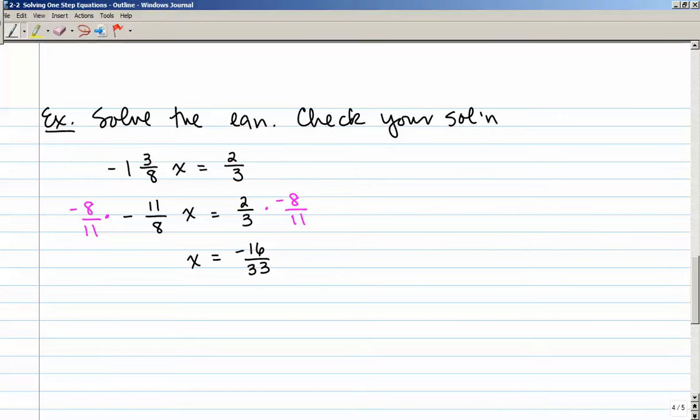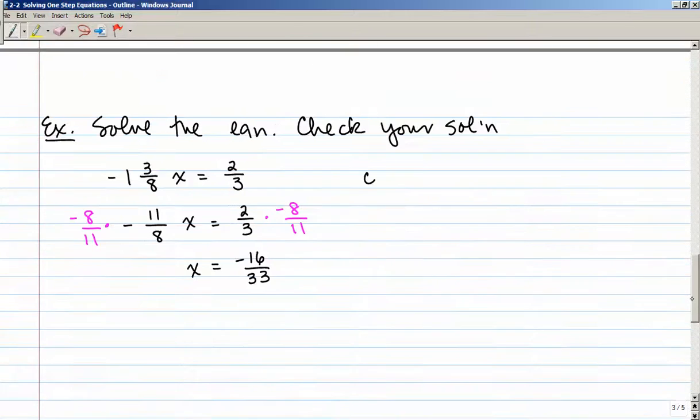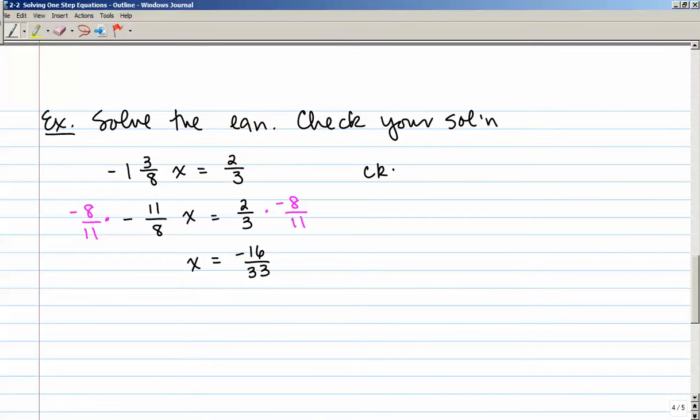Now let's check this. To check this, I think I'm going to use the form of the equation that had negative 1 3/8 as an improper fraction. So to check, is negative 11 over 8, substitute in negative 16 over 33 for x. Is that equal to 2/3?